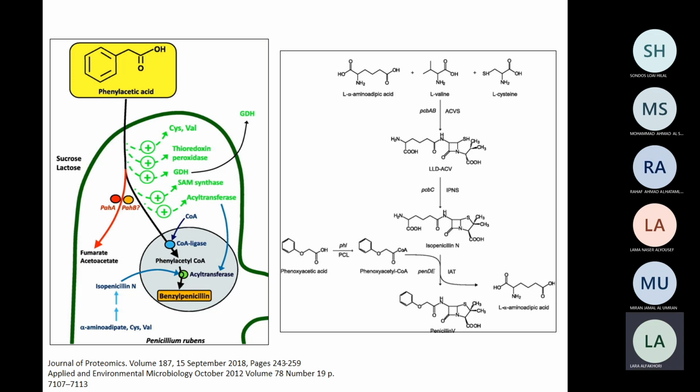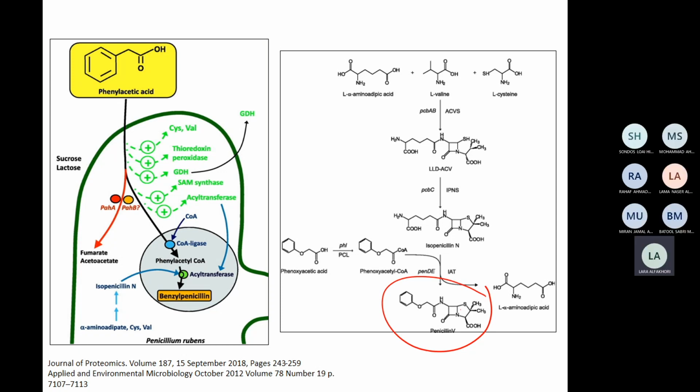Okay, now by looking at the structure of, for instance, this first naturally occurring, isolated natural penicillin, this one, okay? For sure, it's a very complicated structure. Now the studies have shown that the species that synthesize the penicillins, synthesize them from 3 amino acids: valine, cysteine, and alpha amino adipic acid.